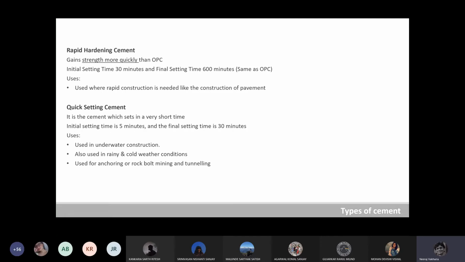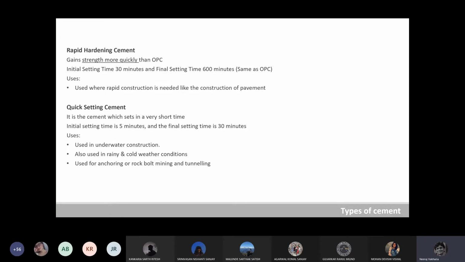Its initial setting time is 30 minutes and final setting time is 600 minutes, same as the regular conventional cement, but it is used where rapid construction is needed, like the construction of pavements, where we don't have much time for it to cure to 100%. That's why this is used, as it gains its strength very quickly.